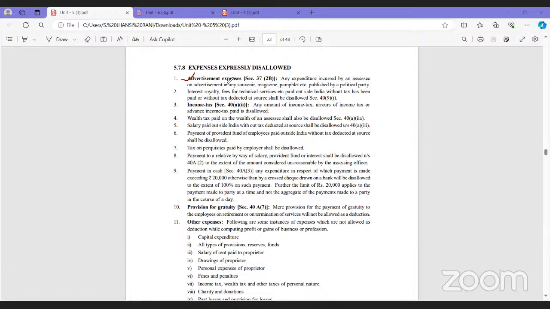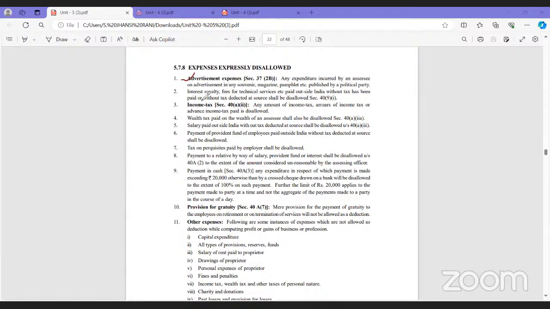So if the question only mentions advertisement expenses, and nothing else, then we won't touch it at all. Why? Because it is a business expenditure, and it will not come in our format. But when it is mentioned that the advertisement expense is published in some political pamphlet, then it will become disallowed expenditure.